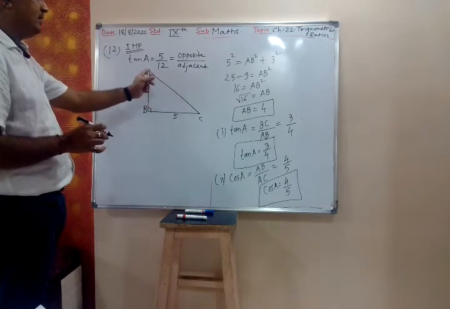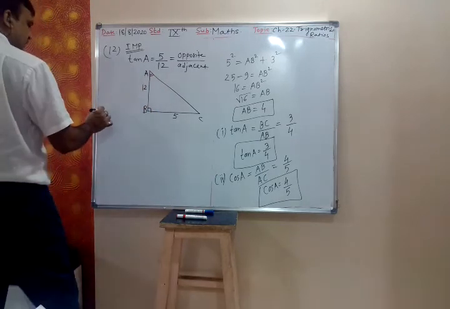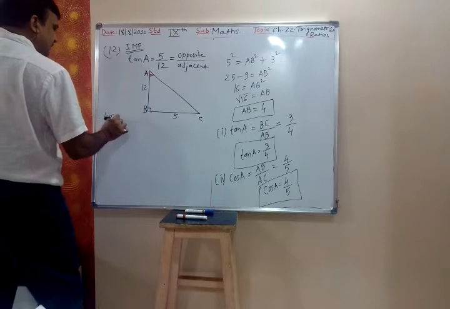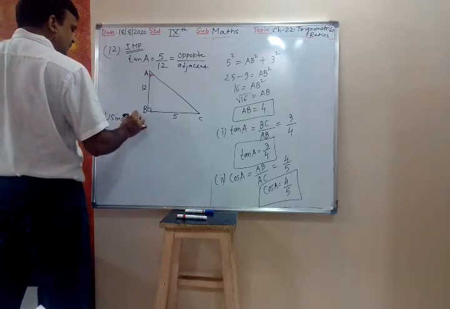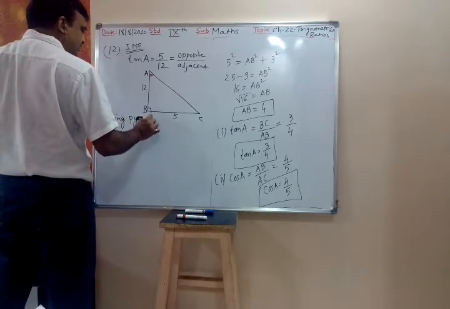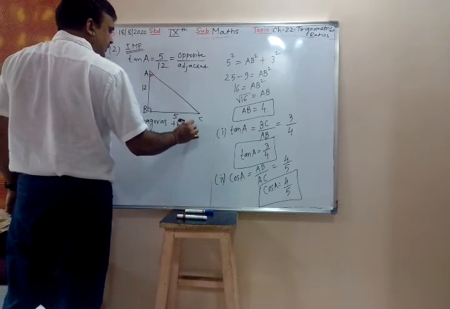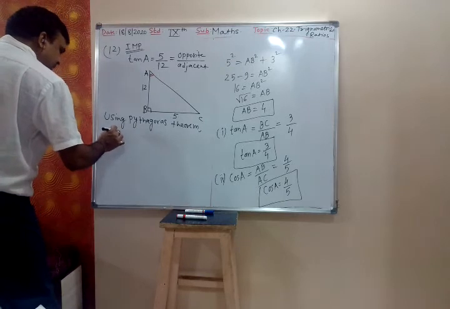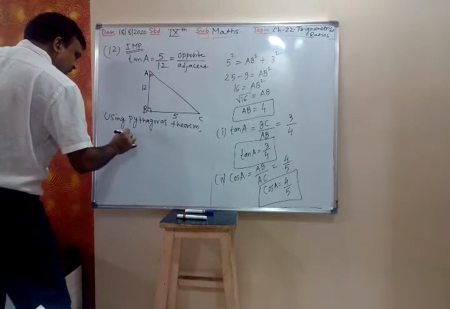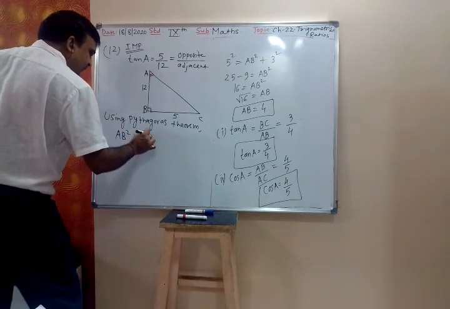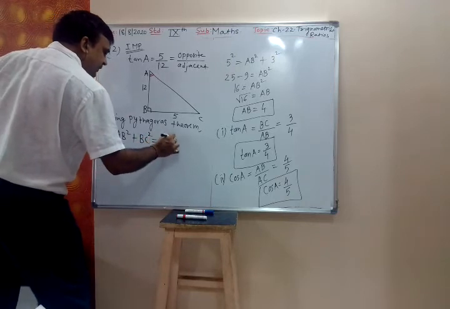Now use the Pythagoras theorem to find AC. AB square plus BC square is equal to AC square.